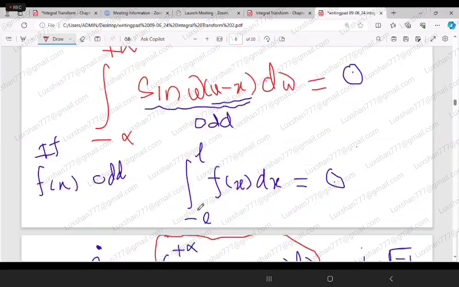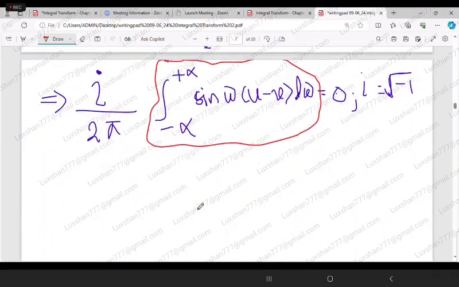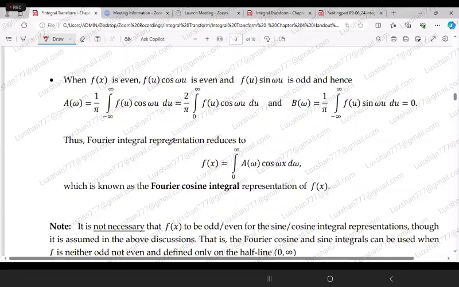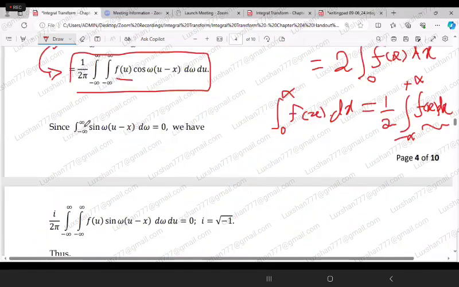Okay, therefore, I can still write this as, look at here, how we are writing that: integration from minus infinity to plus infinity of sine omega (u minus x) is equal to 0, because sine omega (u minus x) is an odd function.